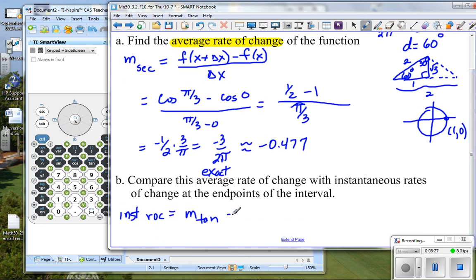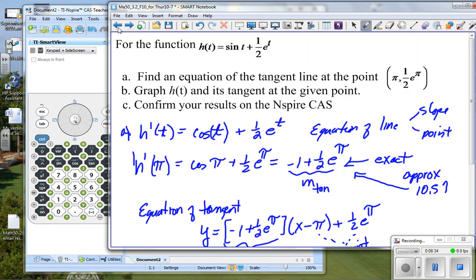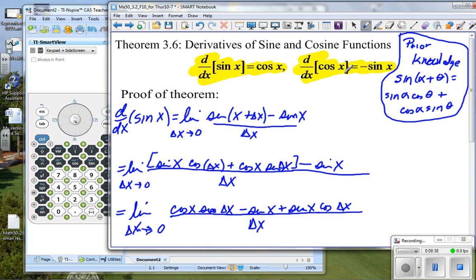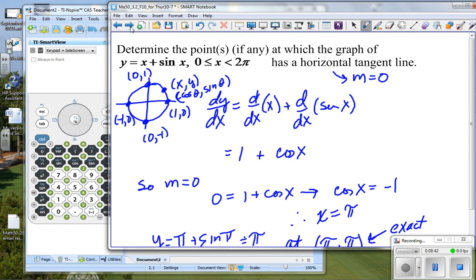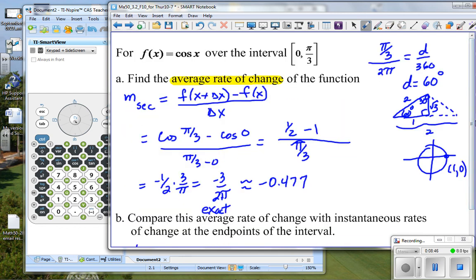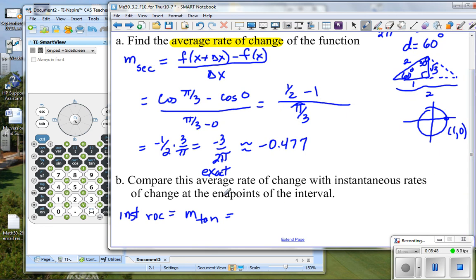So we need to look at what is our derivative of cosine, and if you go back a few pages here, we see that the derivative of cosine is the opposite of sine. So that will be what we're going to use here, and so this is going to be the opposite of sine.